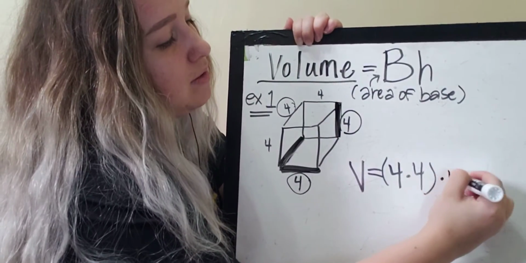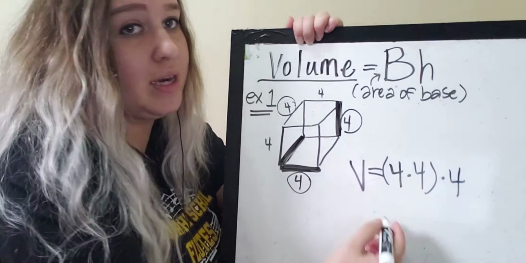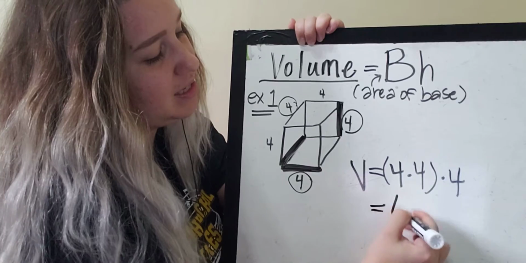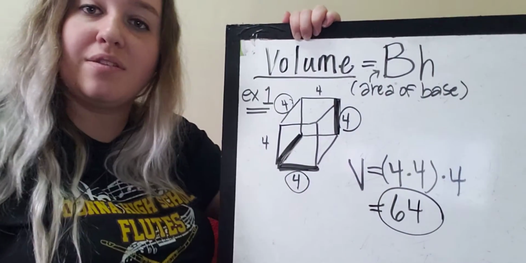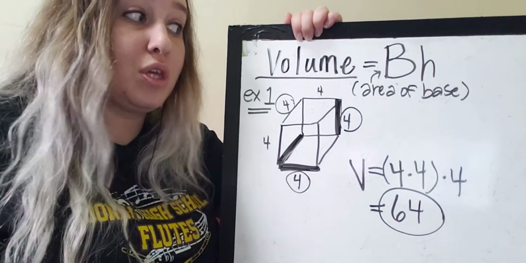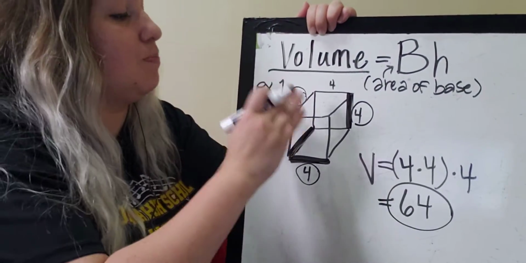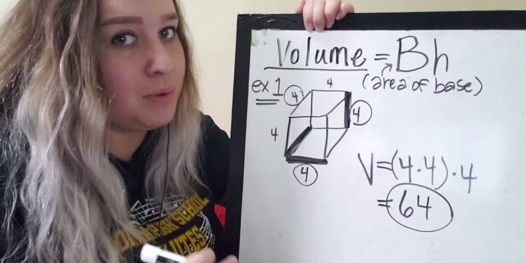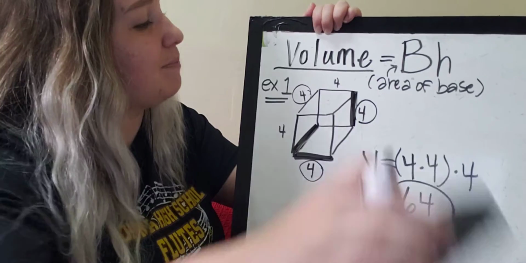So times 4. 4 times 4 times 4 is going to give you 64. And that's it. That's your answer. So cubes are very easy. All right? Just put 3 of the same number times each other. All right? That's example number 1.